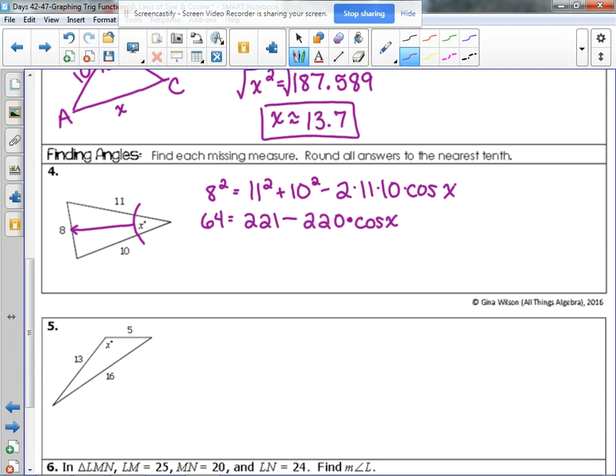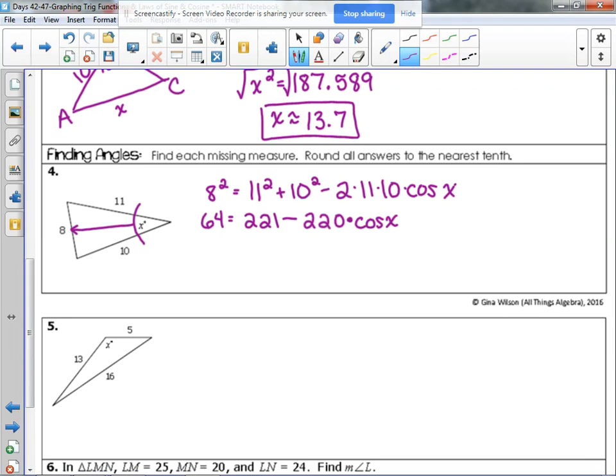But I want to put that multiplication there just to remind you that these two things, the 220 and the cosine, are a single term. They go together. I emphasize that because a lot of people want to do 221 minus 220 right here and just get one cosine. That's not what happens.